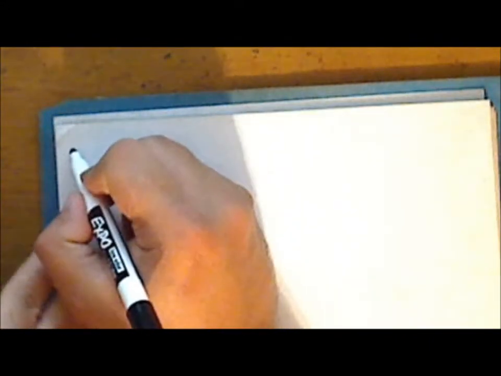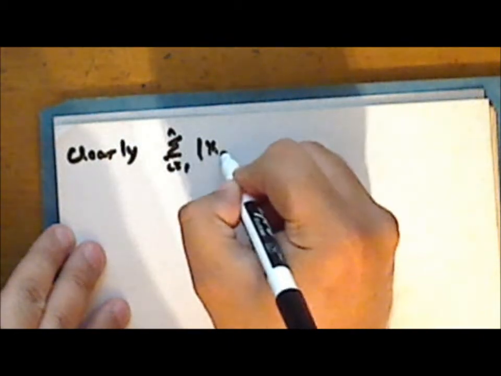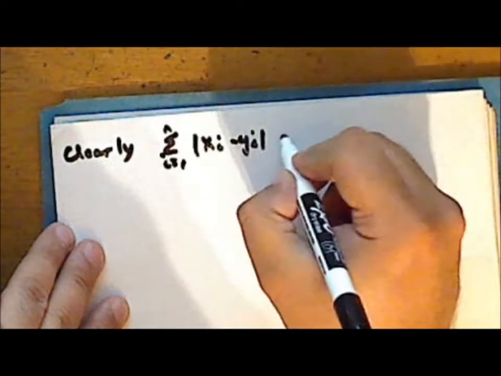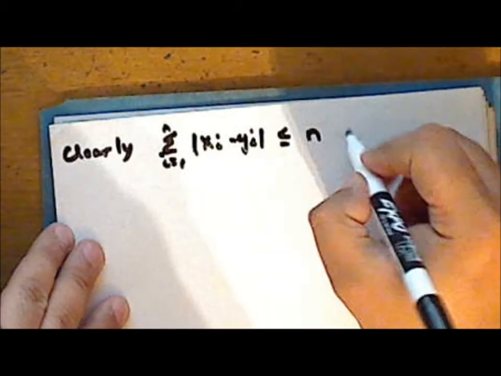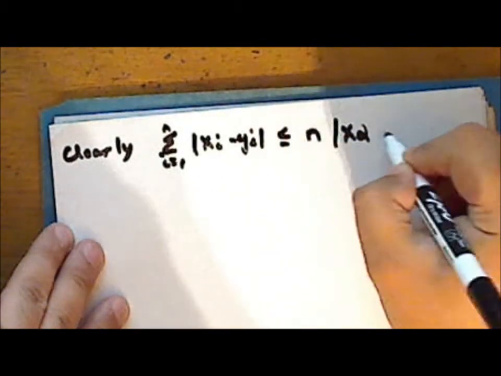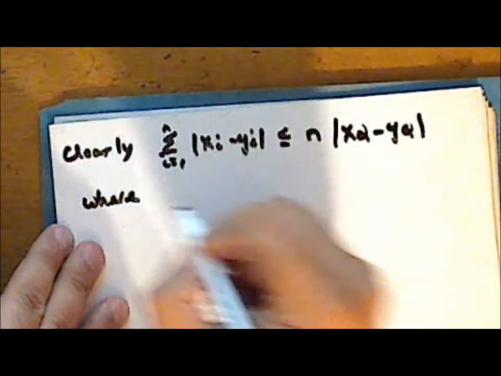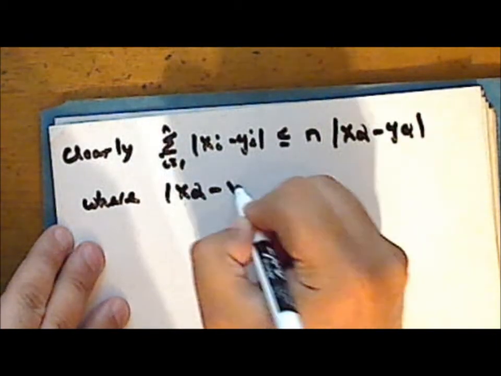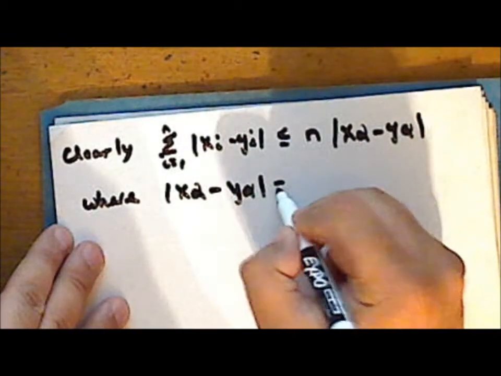So now, clearly, if we take the sum from 1 to n of the absolute value of x sub i minus y sub i, then this is less than or equal to n times the absolute value of x sub alpha minus y sub alpha, where this is the largest of the differences.